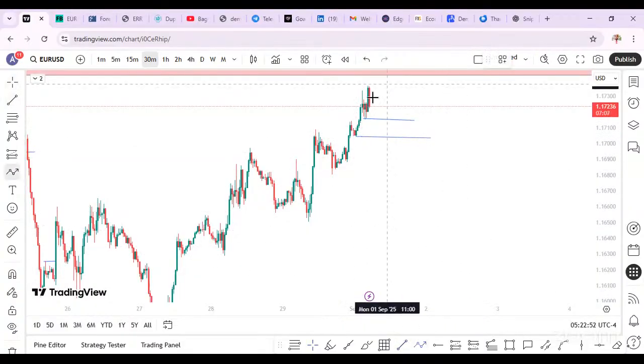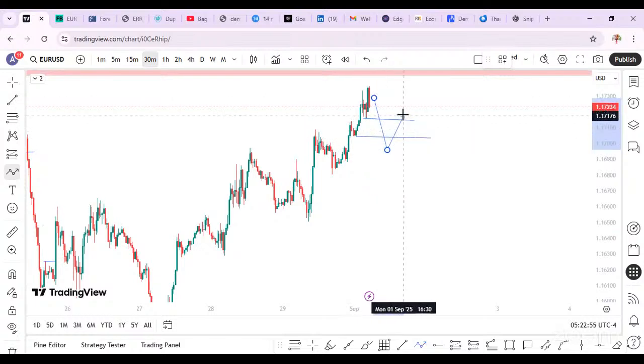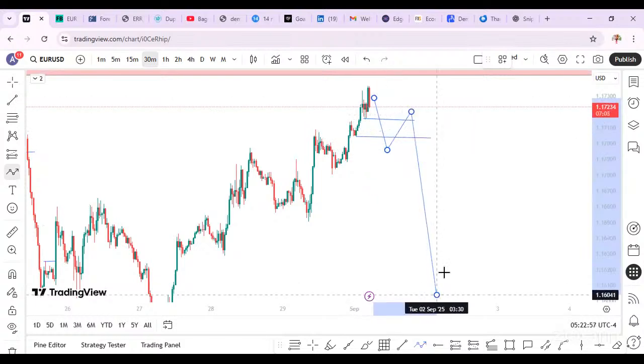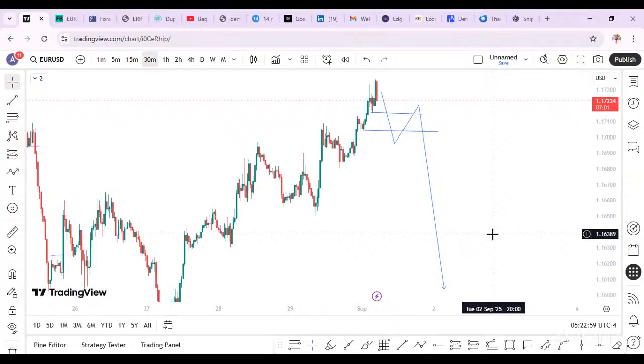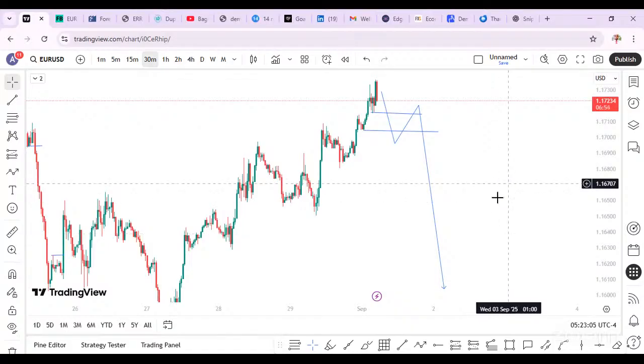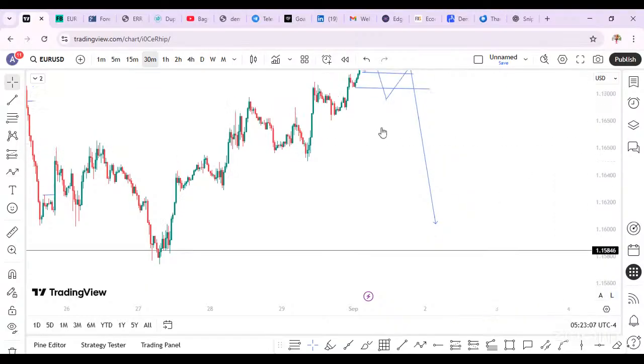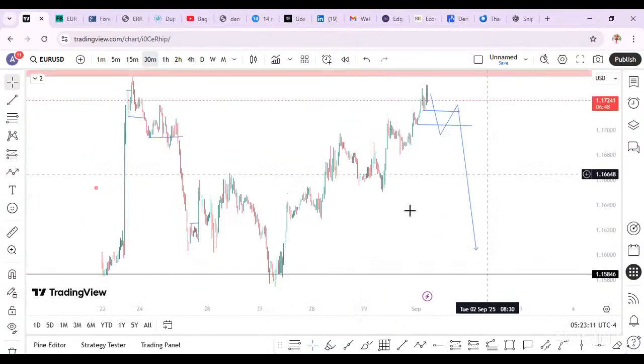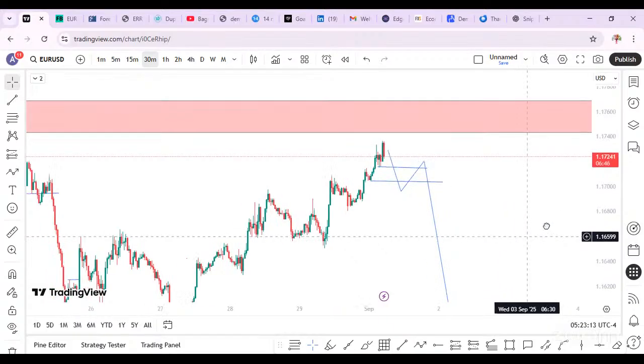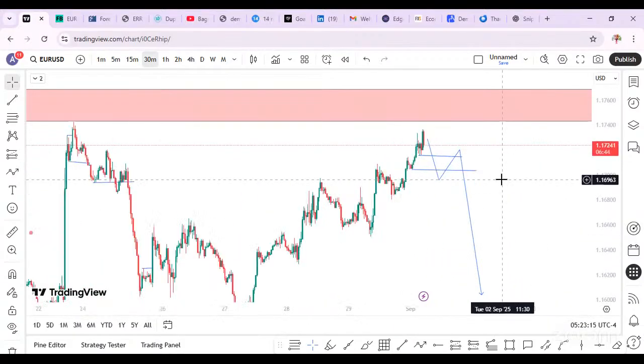Maybe price takes out some of these lows, then we can have our sell. Just watch out for price weakness, for a bearish confirmation on 30 minutes, 15 minutes, or 1 hour. If you want to sell Euro USD, you need that confirmation. Don't just sell.